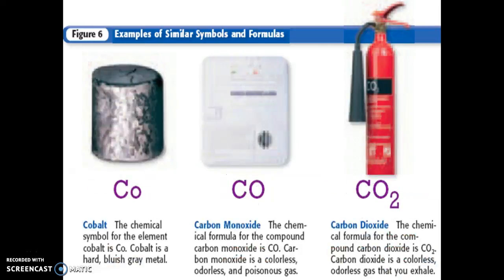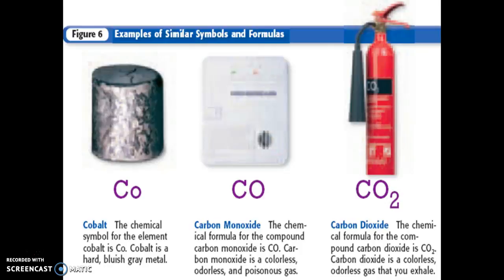You have to be careful the way that you write chemical formulas. All 3 of these look very similar. They have C's, they have O's in them, but they are all extremely different items. Capital C, lowercase o is the element cobalt. Capital C, capital O is carbon monoxide, poisonous gas. Capital C, capital O2 is carbon dioxide.